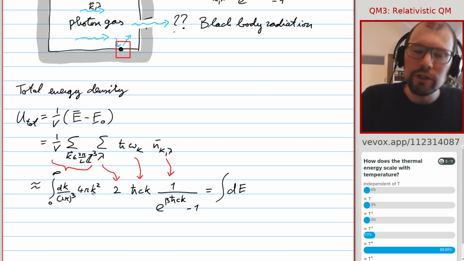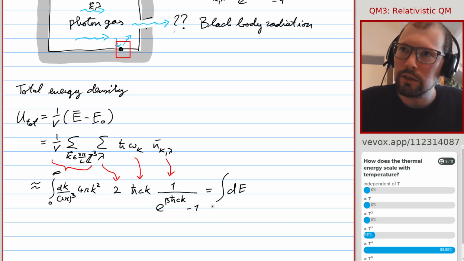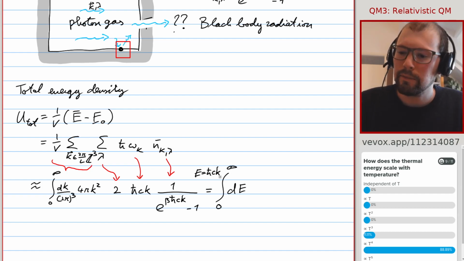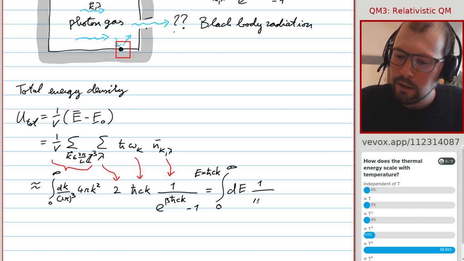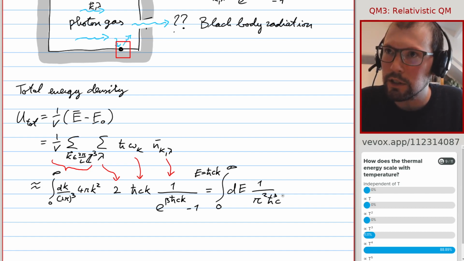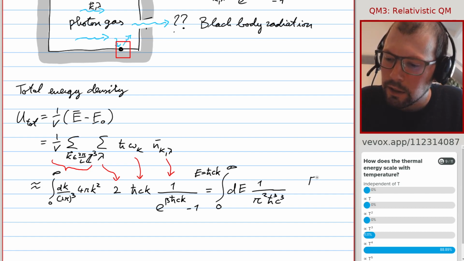Let's change variables from k to the energy E, since E is h bar ck. Then combining all these factors, you have E cubed over pi squared h bar cubed c cubed, times 1 over e to the beta E minus 1.